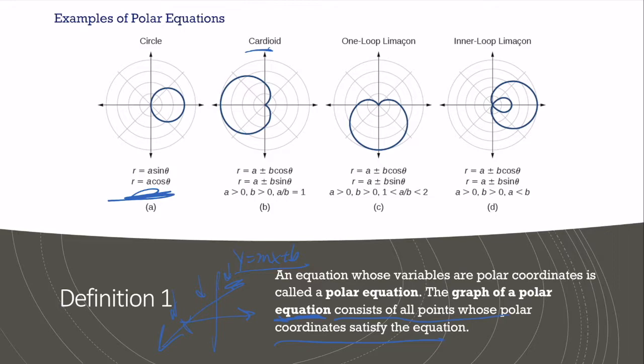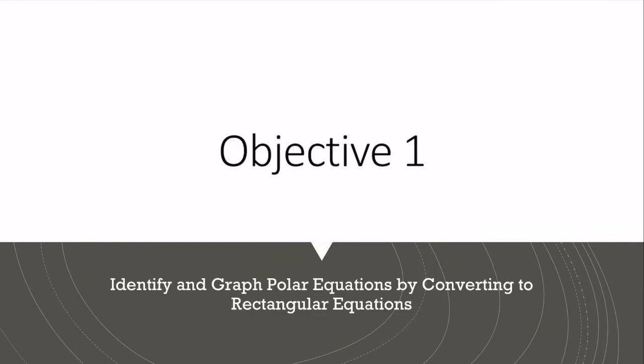Another shape is this one here, and you might say, oh, that's the infinity symbol. No, actually, that's a lemniscate, and it's a pretty cool shape. Let's keep in mind that the graph of a polar equation is all points whose polar coordinates satisfy the equation.